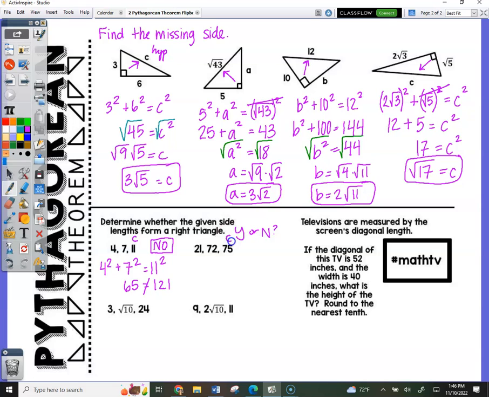This is your C. 21 squared plus 72 squared equals 75 squared. Did you get 5,625 on both sides? Yep. So because they do equal, then the answer here is yes.